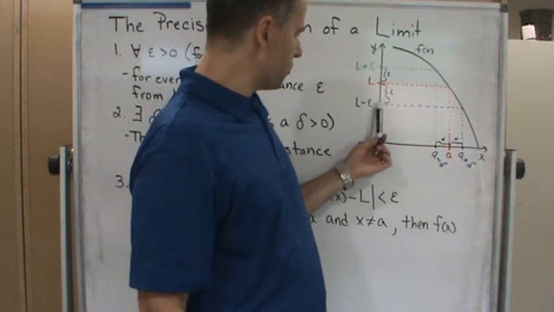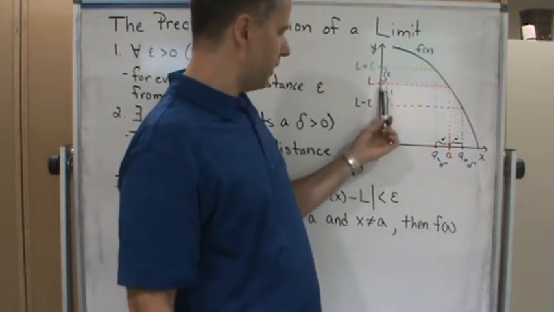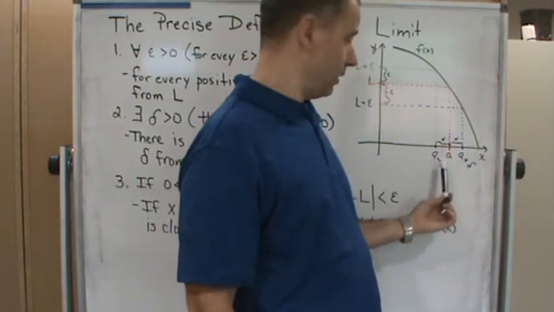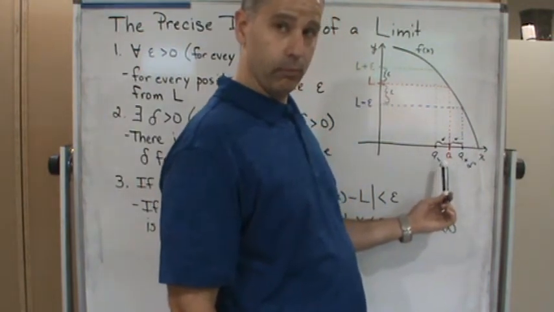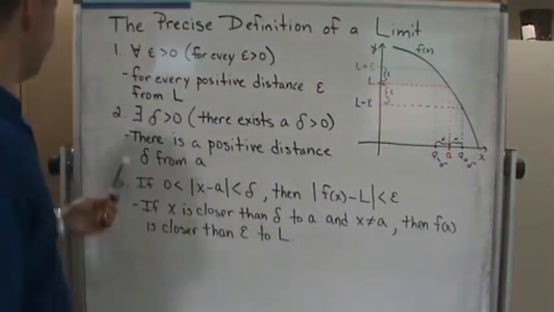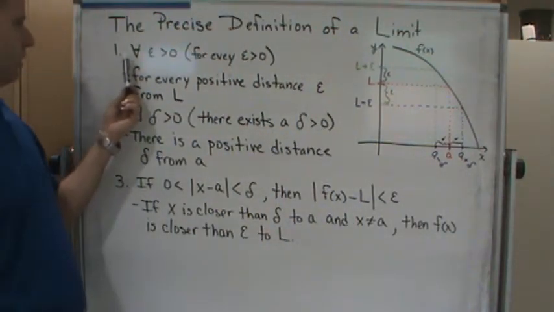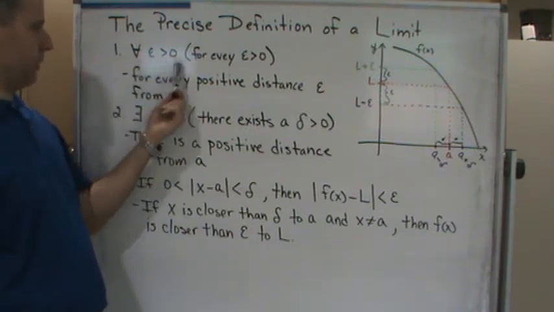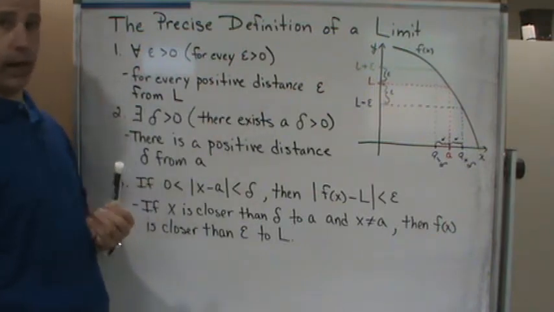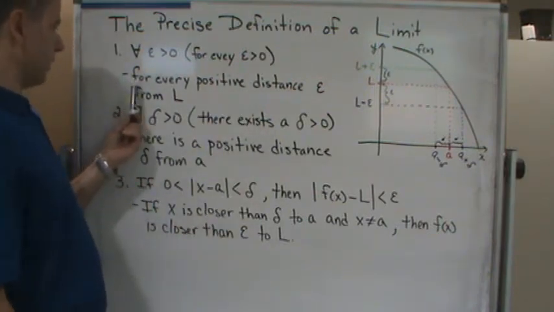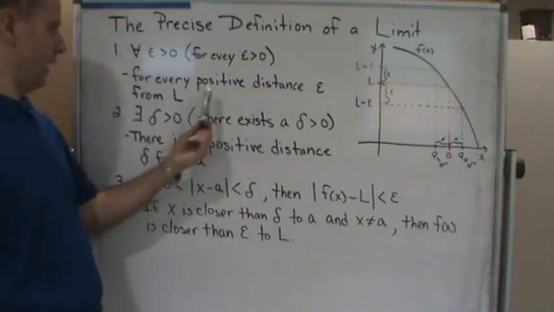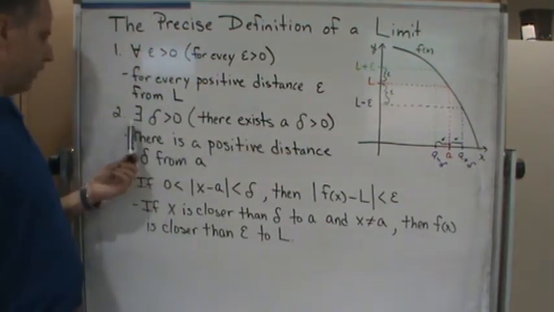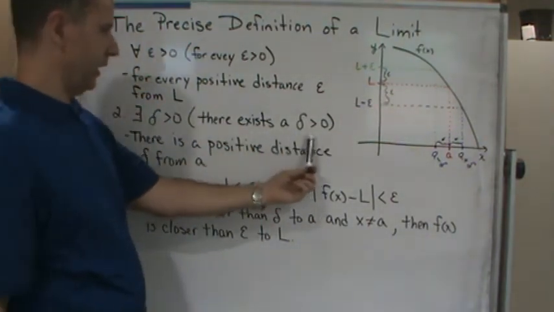What we're saying is that, hey, if I'm within a certain distance of L, then I'm going to be within a certain distance of A. So what this symbolism says is, for every, or all, or any epsilon greater than 0, where epsilon is just a real number, it says for every positive distance epsilon from L, right there, there exists a delta greater than 0.